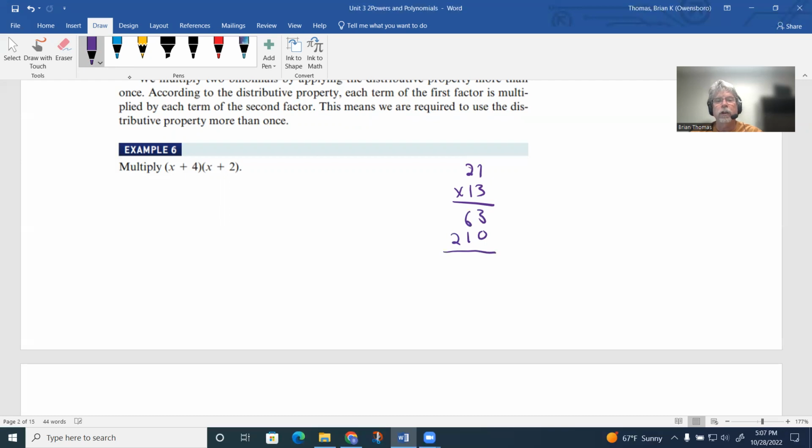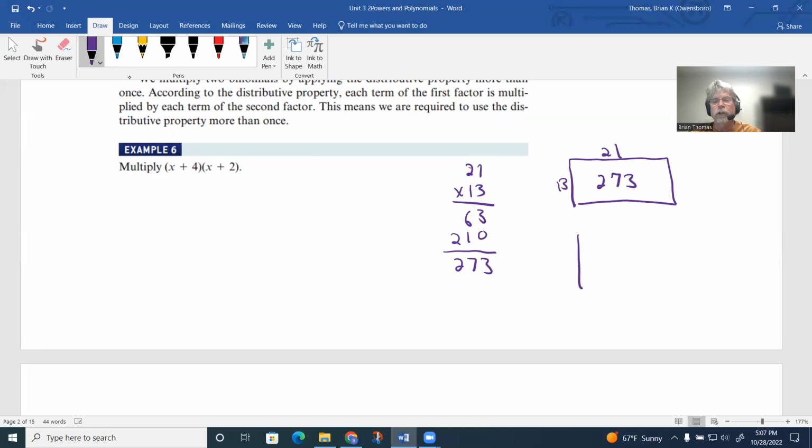And then we'd add those 2 partial products together to get our total product, which would be 273. Remember, to find the area of a rectangle, that's length times width, 13 times 21. So the answer inside here has to be 273.